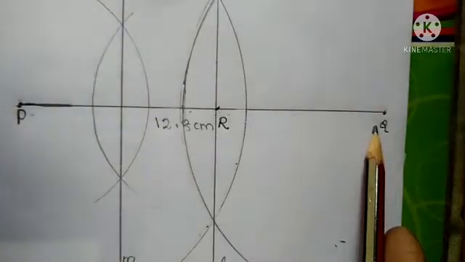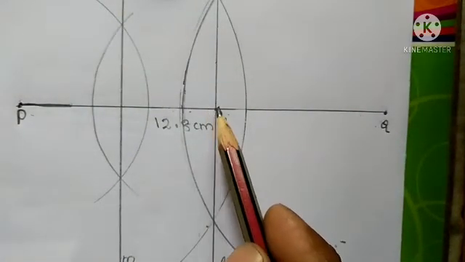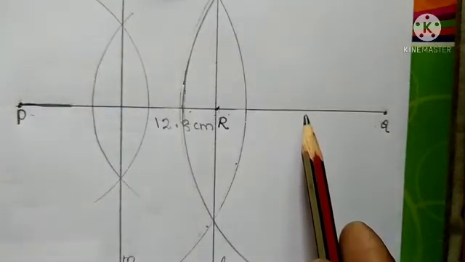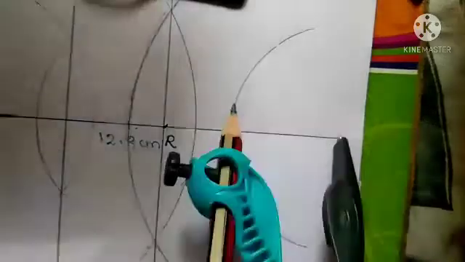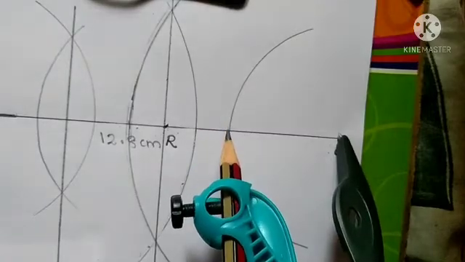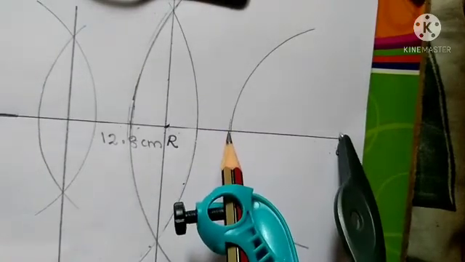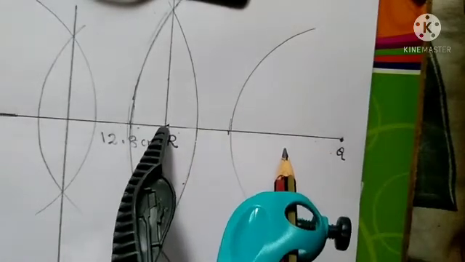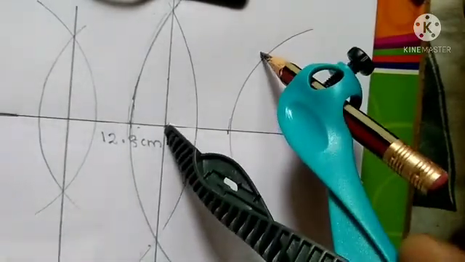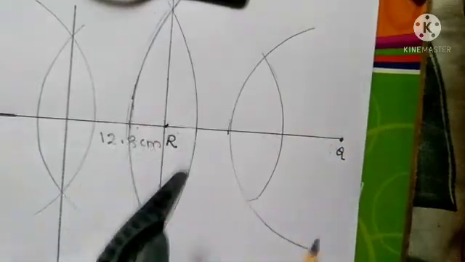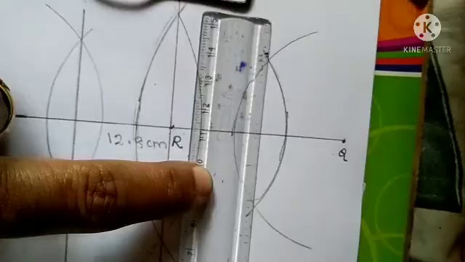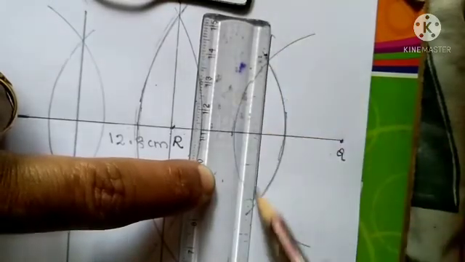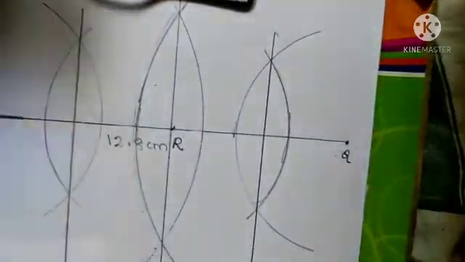Again, more than half of this RQ in compass and draw arc from Q. And from R also we will draw an arc. Again the same process. Join these two meeting points of these two arcs.